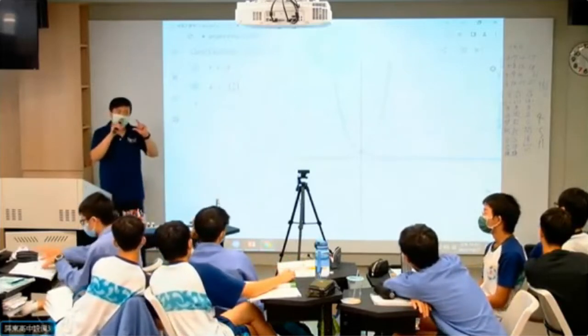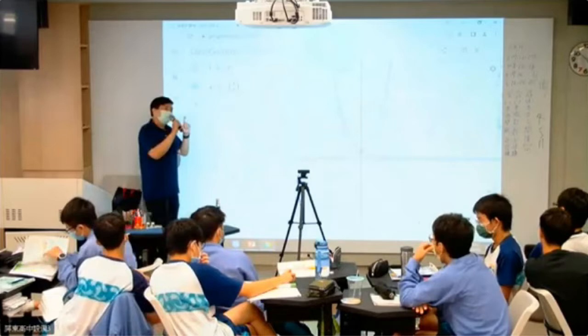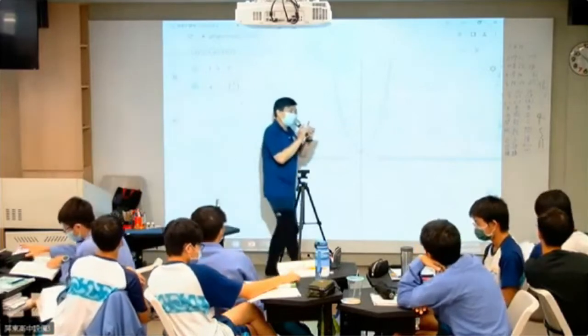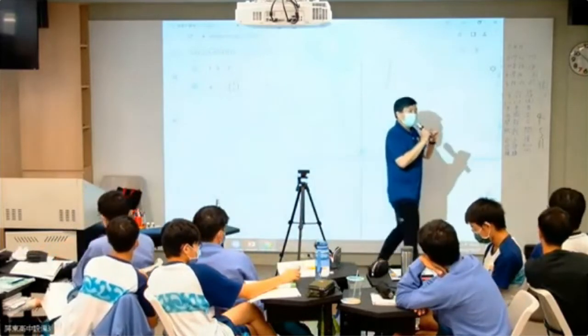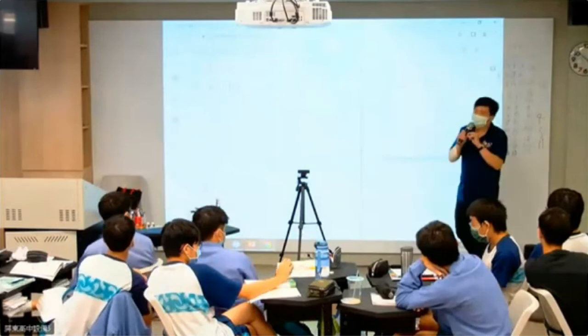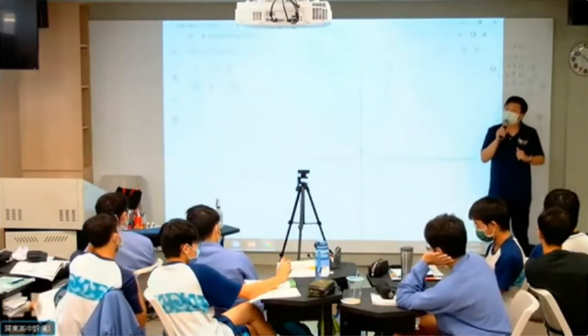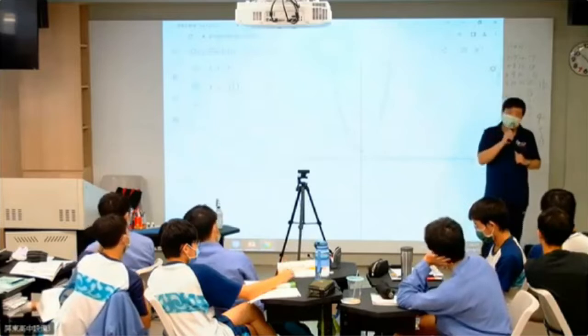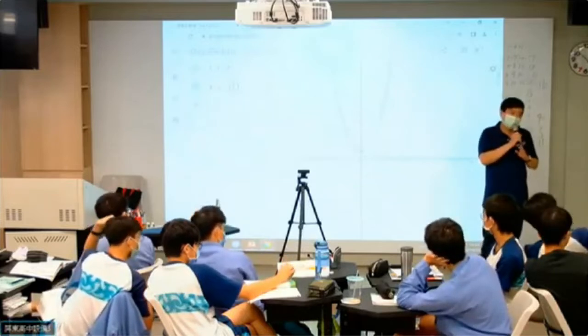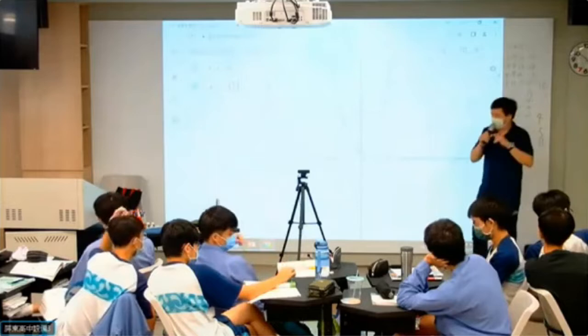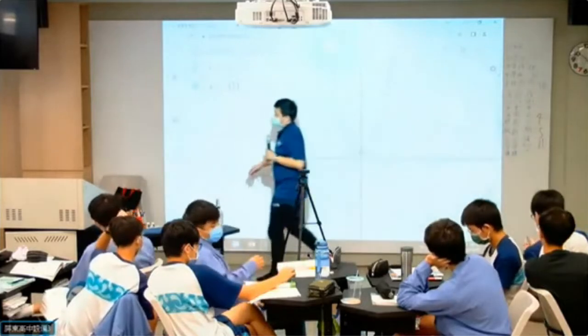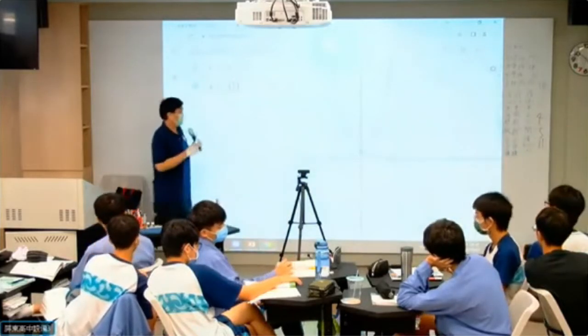We have a special name, right? How to describe it? 渐近线, asymptote. In English, asymptote. That's right.